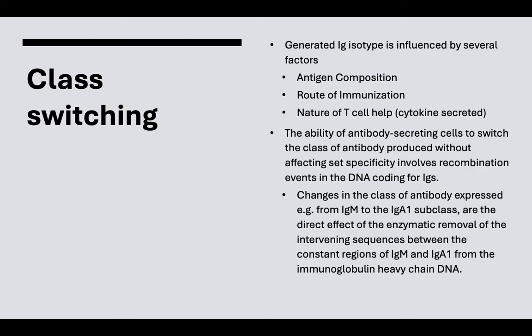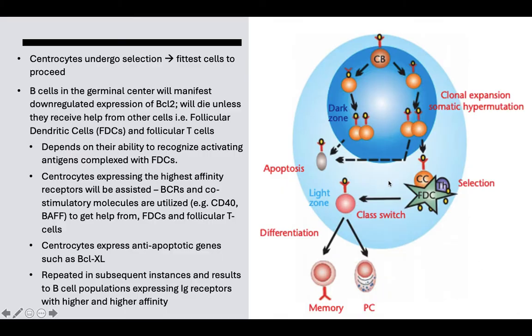Usually, changes in the class of antibody expressed happen through direct removal of intervening sequences between the constant regions. For example, IgM to IgA. Let's say the specific B cell here has been programmed to secrete IgM.